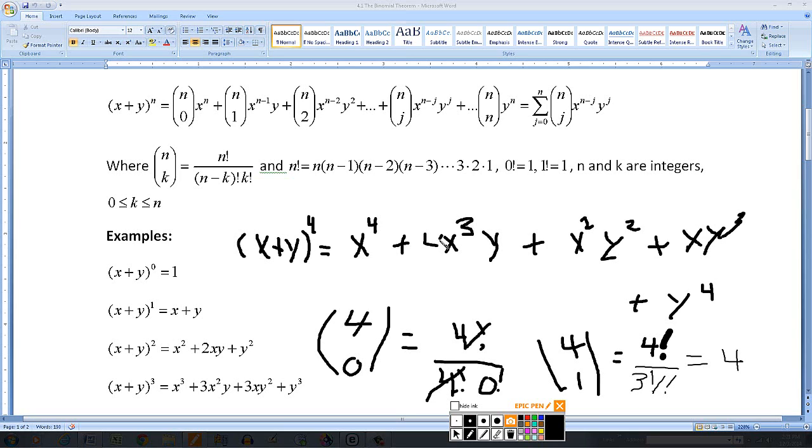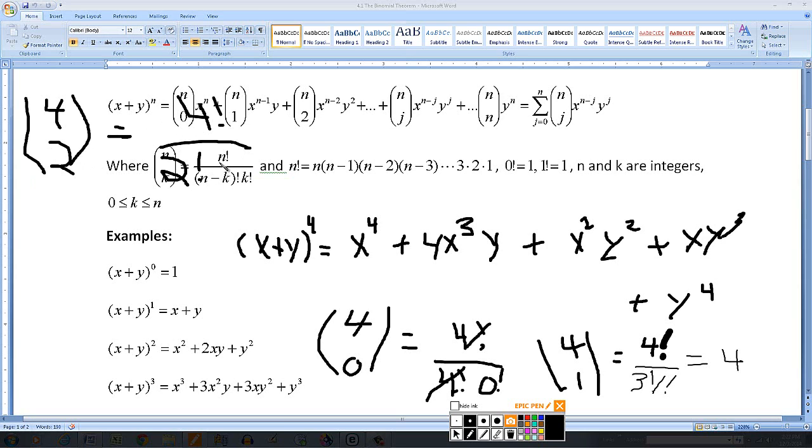Okay. Now the next one is going to be 4. Let me do it over here. Select 2. So this will be then, if I apply the formula, 4 factorial divided by 4 minus 2 factorial, so it'll be 2 factorial times k factorial, but k factorial is 2, so this will be 2 factorial.